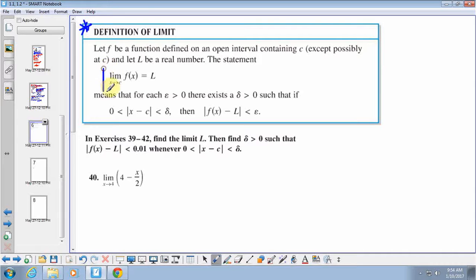The statement that the limit as x approaches C of f of x equals L means that for every epsilon greater than 0 that you pick, there exists a delta greater than 0 such that if the absolute value of x minus C is less than delta, then the absolute value of f of x minus L is less than epsilon.